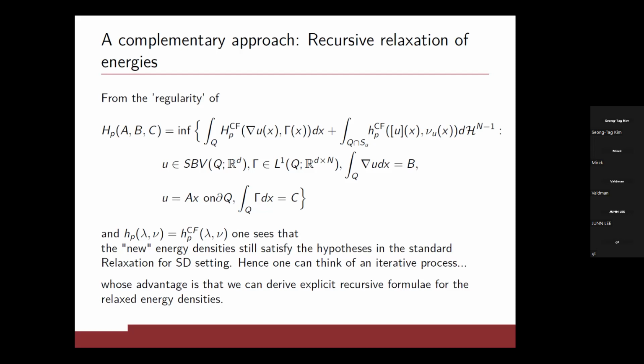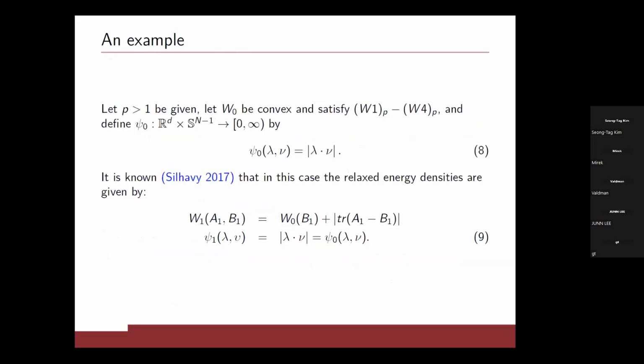And this gave us another possible idea, which is the following. Essentially, it came from this example made by Shirawi in 2017, which morally helped to understand and give precise expressions of these densities, H_p^CF or H_p, in other contexts.